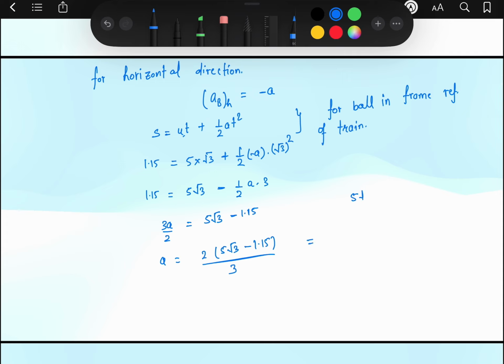Okay. So we have to solve this value. 5 root 3 minus 1.15 is equal to 5 into 1.732 minus 1.15.